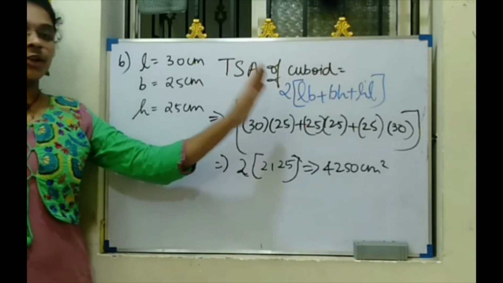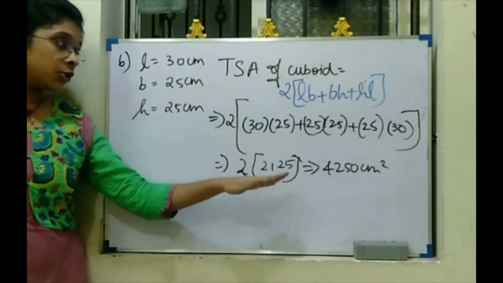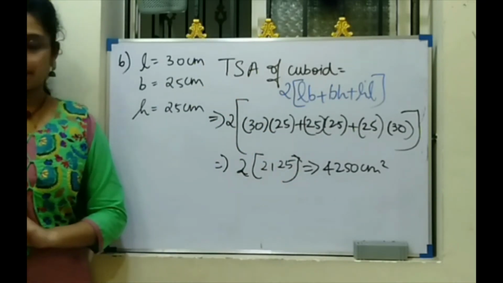Therefore, the total surface area of the cuboid or the herbarium is equal to 4250 centimeters square.